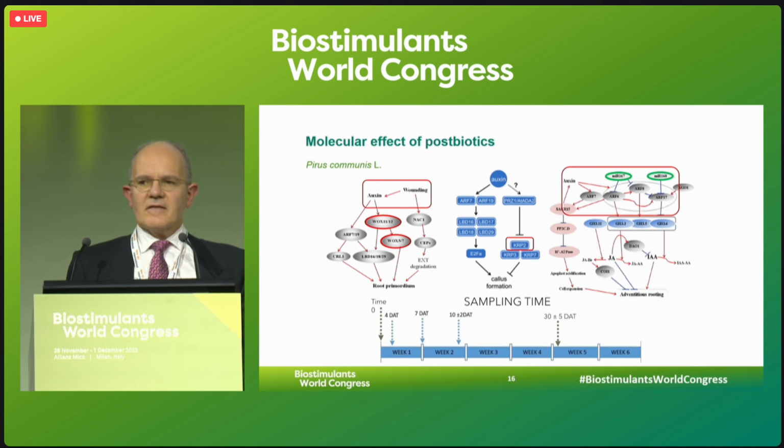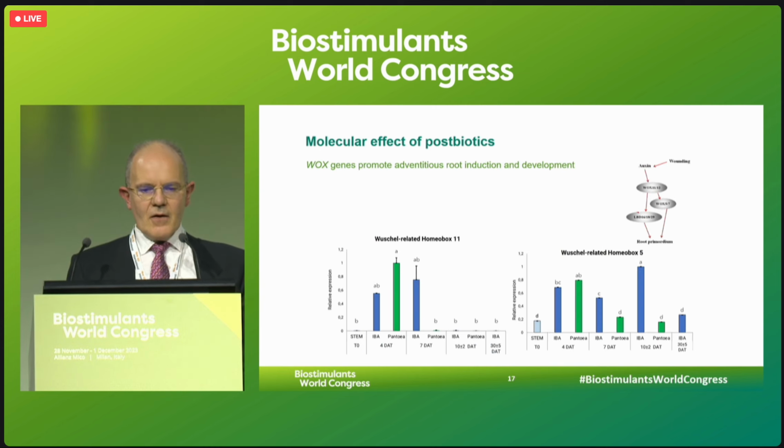We tried to understand what occurred to the plant at the molecular level, doing differential transcription for different genes related to the response to exogenous auxin. And what was the main conclusion from all this experiment?